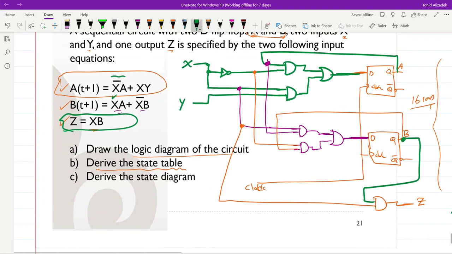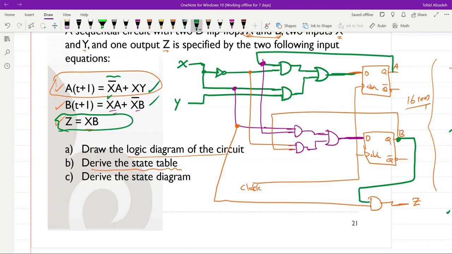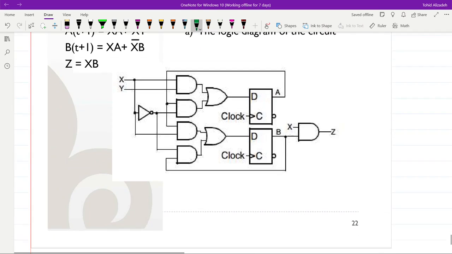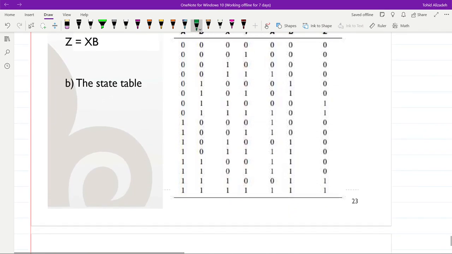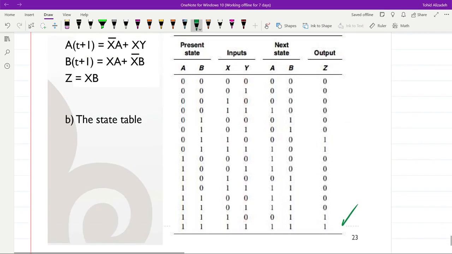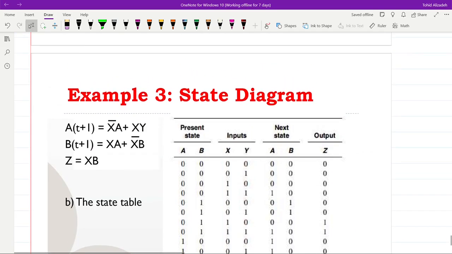And for A and B at t plus 1, we also refer to the expressions here and we fill the state table, and it will look like this, as you can see here. Okay, so I don't go through the details again. If you look at this as a truth table, here we have the inputs and here we have the outputs.